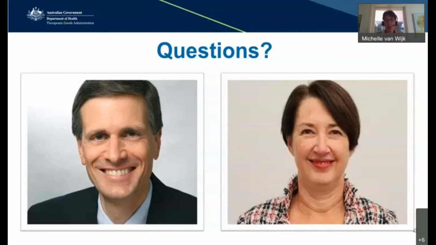I'm just scrolling through some more of the questions. A lot of questions are around the classes which will be included. We'll be continuing to explore that going forward. We will likely start with high-risk devices, as have other organisations in other countries.